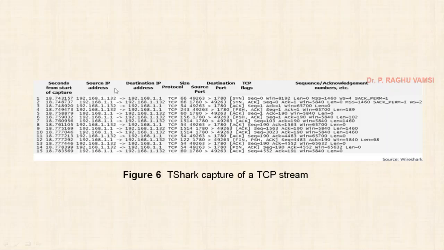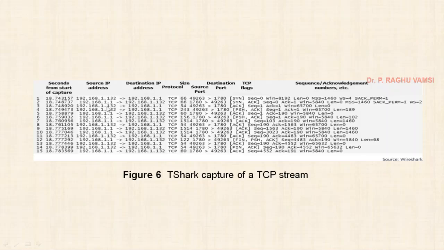Look at the IP address 192.168.1.132. From source 132 to 1.1, a TCP SYN signal is sent. That means 132 is trying to establish a connection with 1.1. Now 1.1 has replied with a SYN ACK.